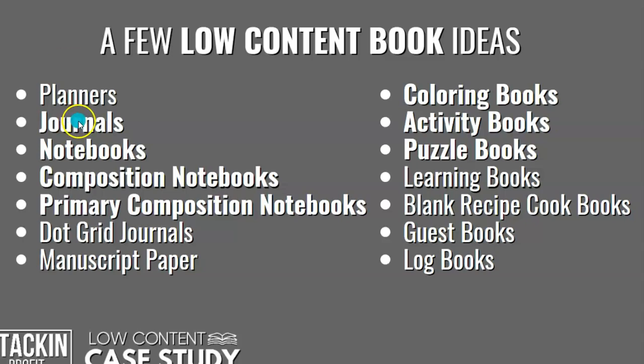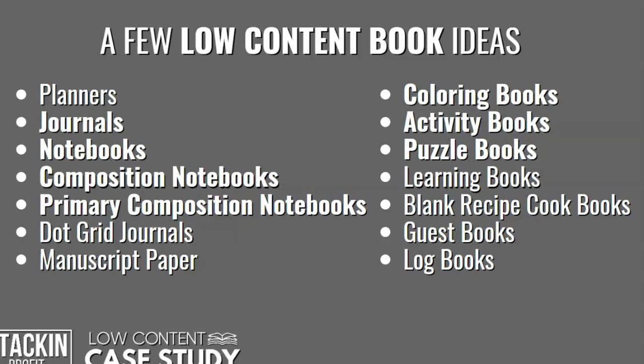So we have journals, notebooks, composition notebooks, primary composition notebooks, colouring books, activity books, and potentially puzzle books. So with these 7 book types, you can do this strategy and find an endless amount of niches.